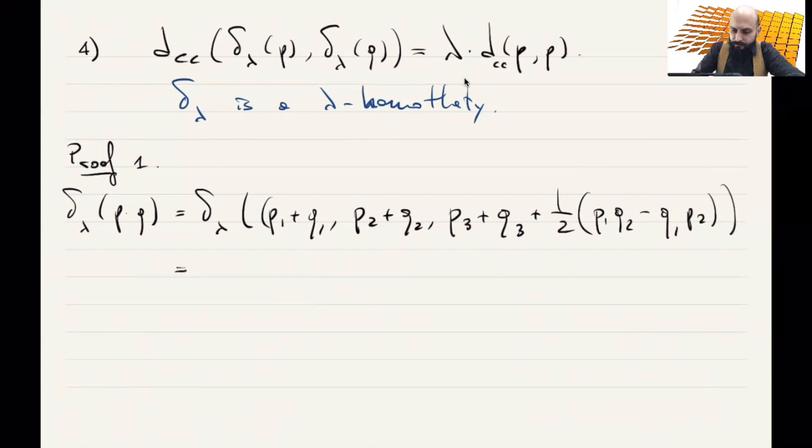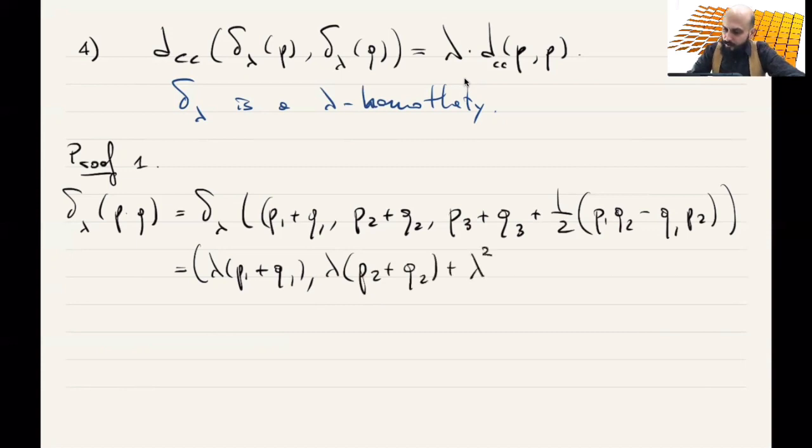Now we dilate, so we have lambda (p1 plus q1), comma, lambda (p2 plus q2), comma, lambda square (p3 plus q3 plus 1/2 (p1 q2 minus q1 p2)).